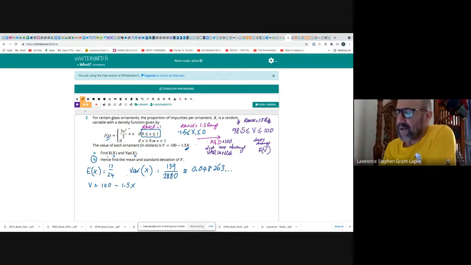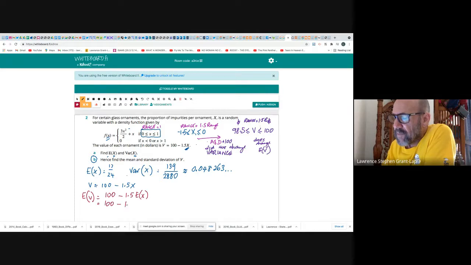So let's have a look at getting the mean. The expected value of V will be 100 minus 1.5 times the expected value of x, which is 100 minus 1.5 times 17 over 24.